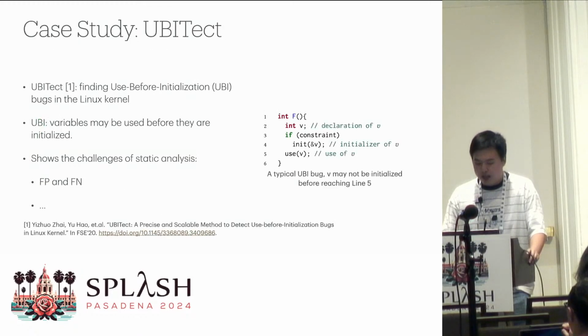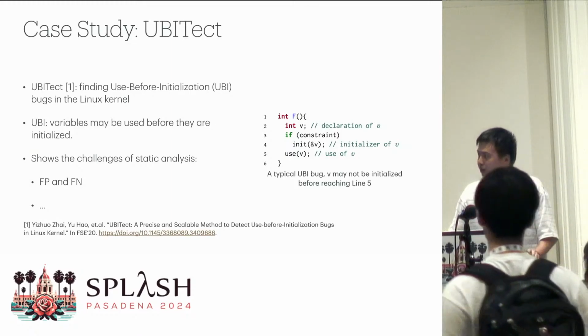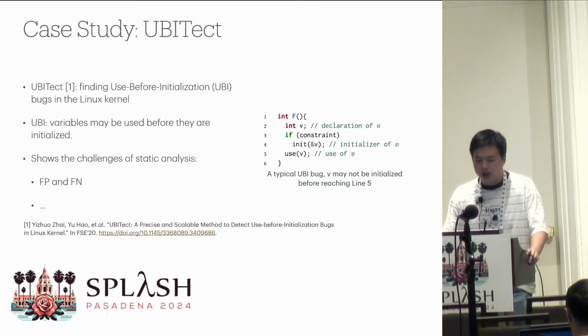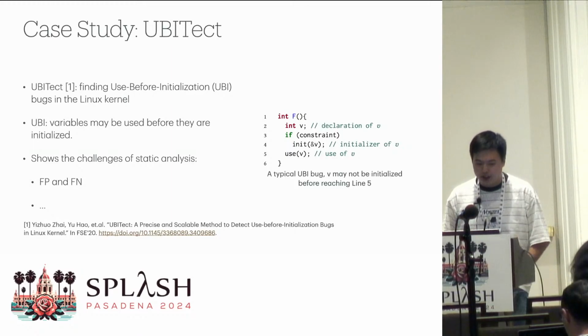To answer this question, we researched a specific static analysis tool called UBITect. UBITect is designed to find use-before-initialization bugs, or UBI bugs, in the Linux kernel. UBI basically means that variables may not be initialized when they are used.